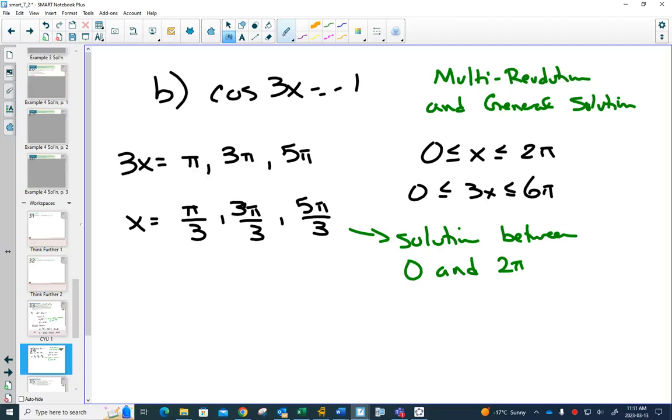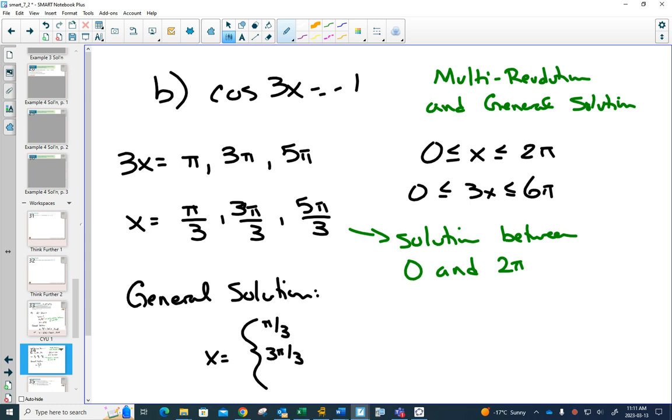We can now write our general solution. Because our general solution says take your answers, solve between 0 and 2 pi. We've done that. Then take each of our answers, here's our 3 answers, and add 2k pi to each of them.